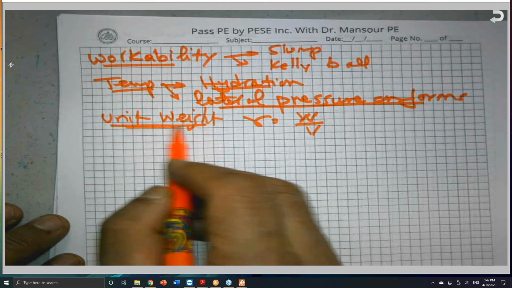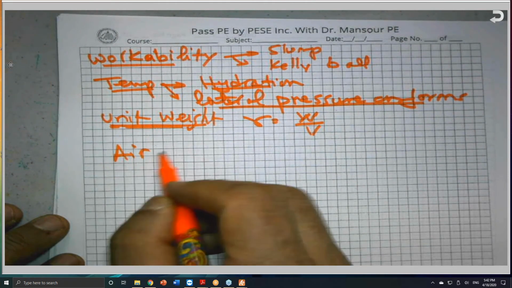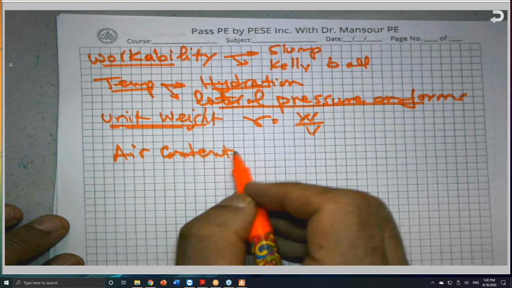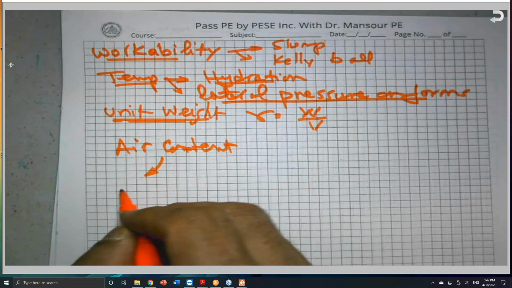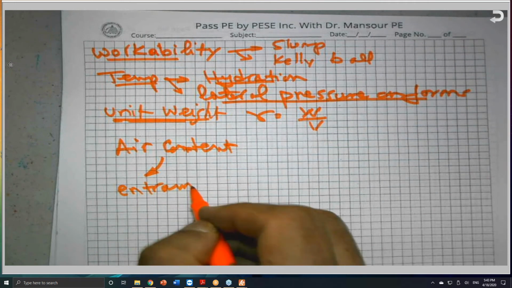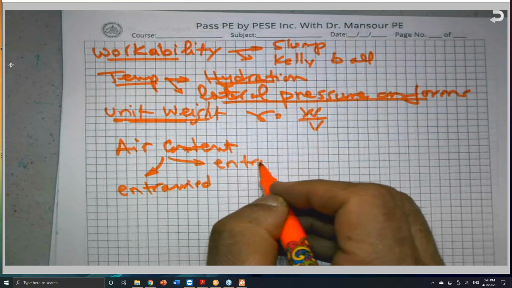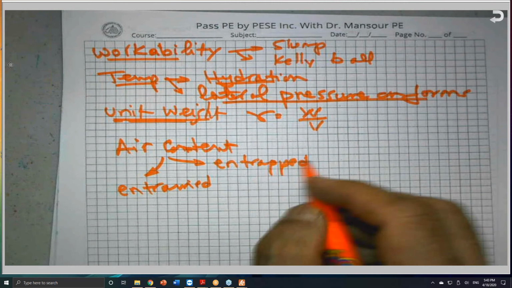And the air content: we measure the amount of air, either entrained air or entrapped air. There are two types of air. I talked about it, and I will remind you of something right now, entrapped air and entrained air.